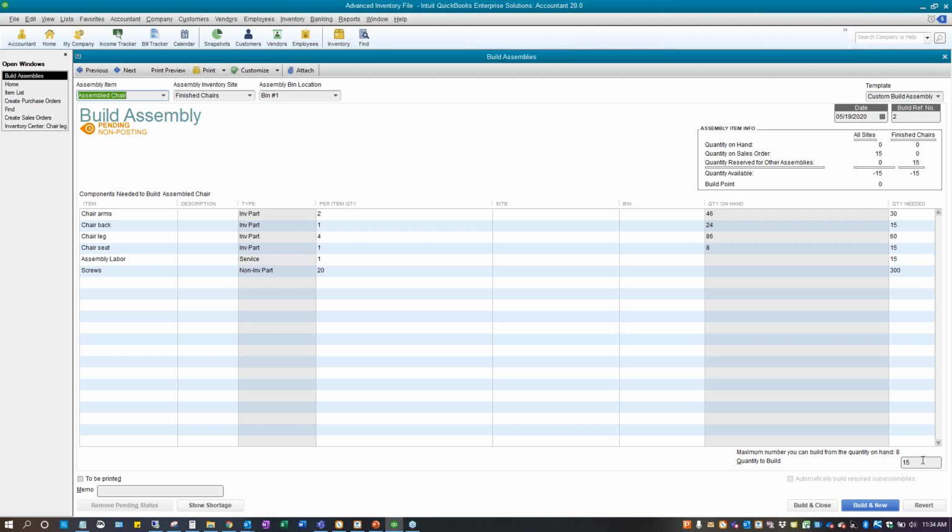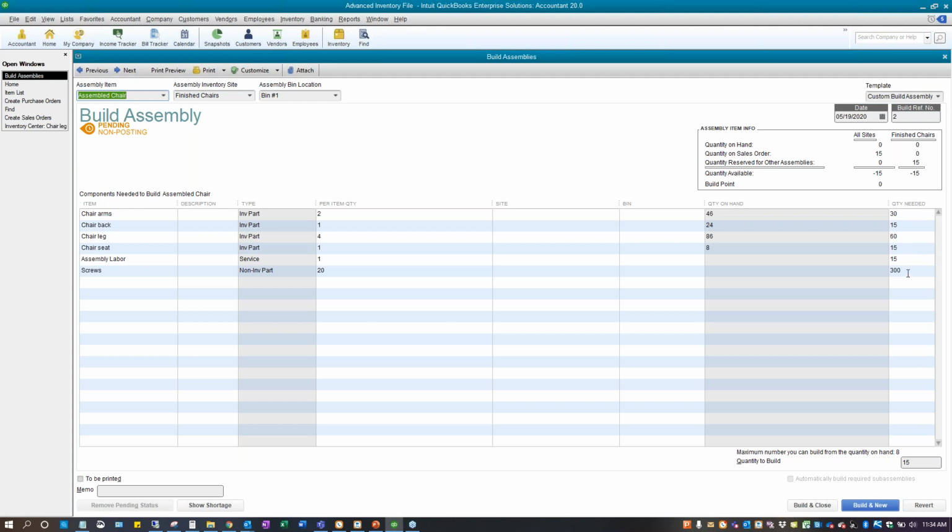Problem is, I don't have enough quantity on hand of stuff. So notice that for my arms, it tells you I have 46 on hand. I need 30. I'm good. My chair back, I'm good. My legs, I'm now good. Oh, my seats, I have a problem with my seats. Well, I will tell you that I have an open purchase order on those seats.